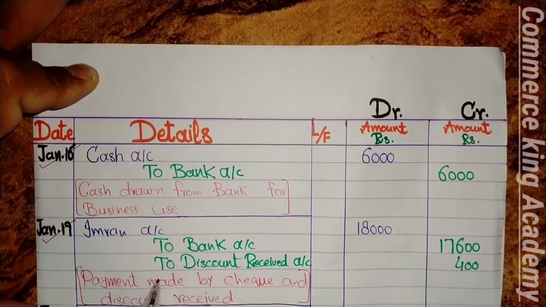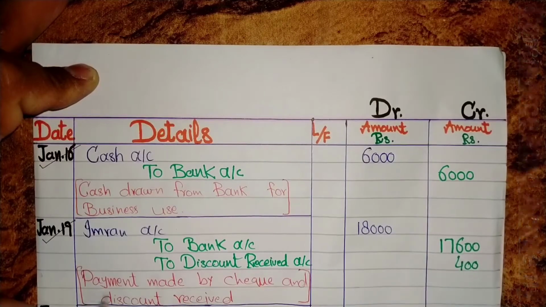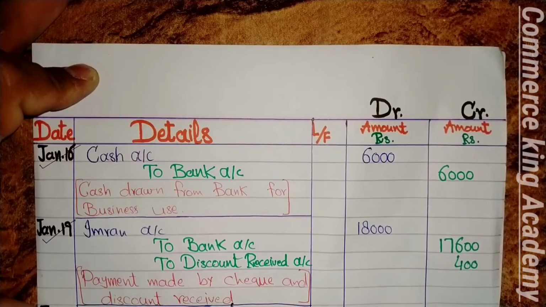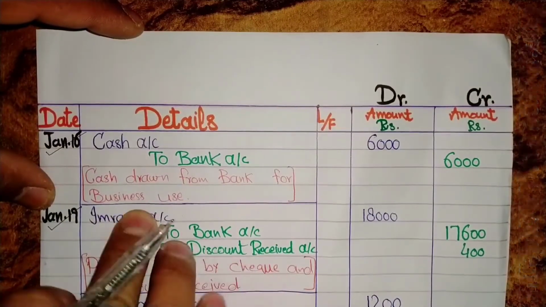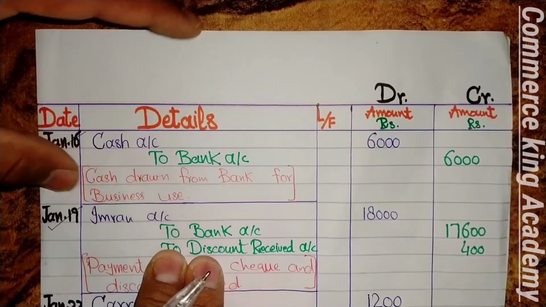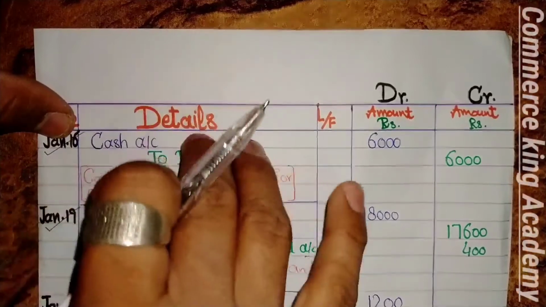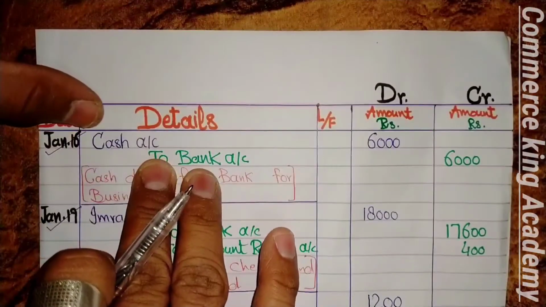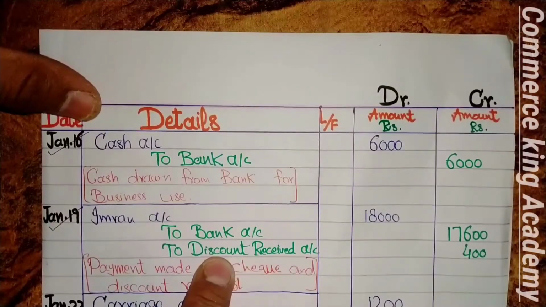So the journal entry will be to discount received account credit, with details or description: payment made by check and discount received. I am clarifying to you that any entry having more than two accounts, just like this entry, will be a compound entry, and if any entry has two accounts, just like this or the previous entry, it will fall under simple entry. Simply, this is the simple entry and this is the compound entry.